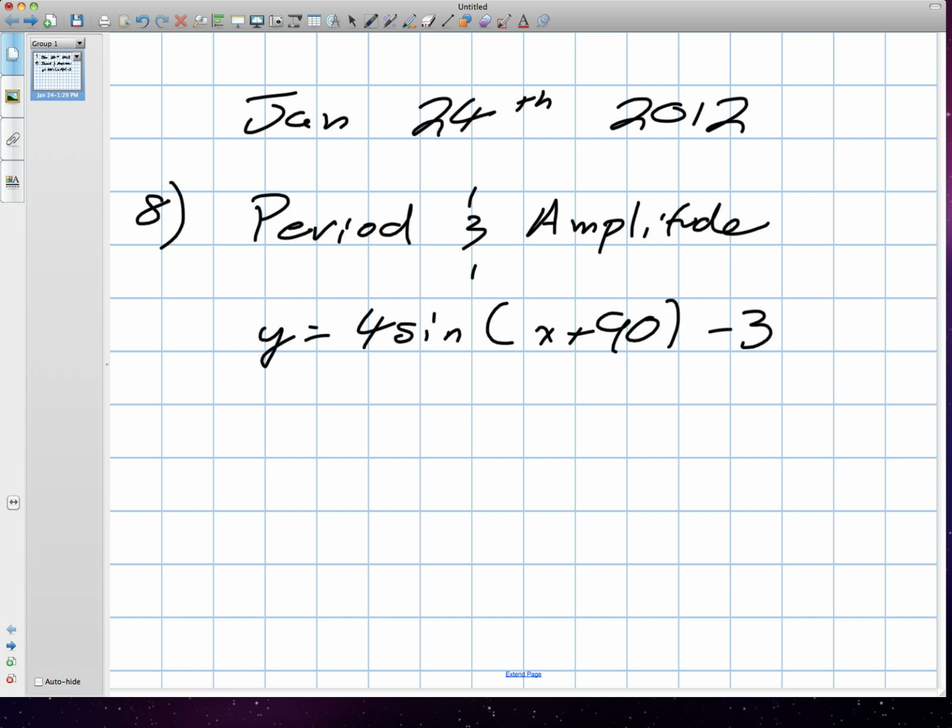How far along the x and y axis has the wave moved from the original equation y equals sine x? So actually they're asking us for quite a few things. They want to know, number one, the period, number two, the amplitude, and number three, how much it's been transformed up and down, and left and right.